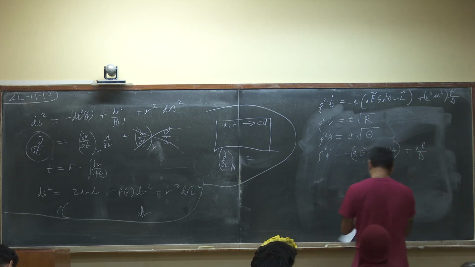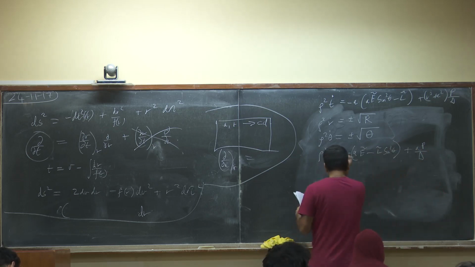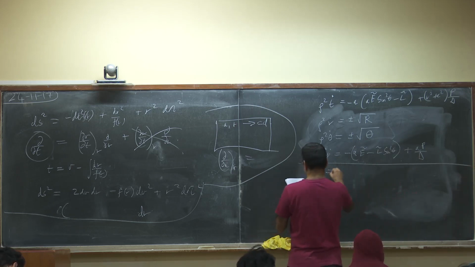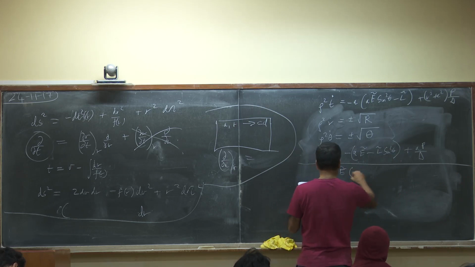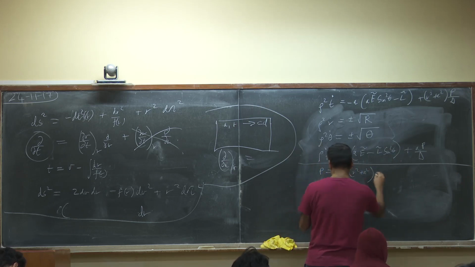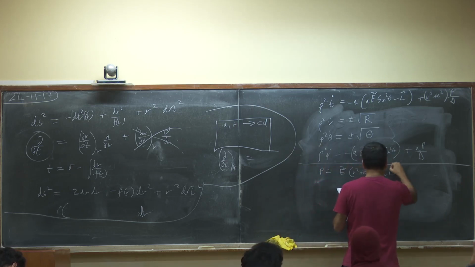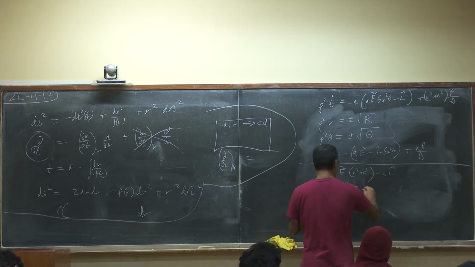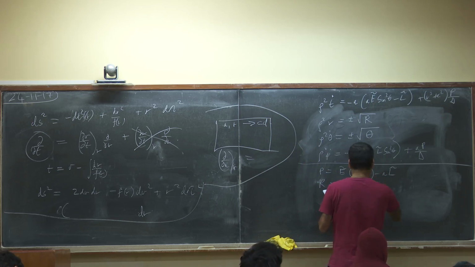Where P is equal to E tilde (r squared plus a squared) minus a L tilde. R is equal to P squared minus delta times ((L tilde minus a E tilde) squared plus zeta).